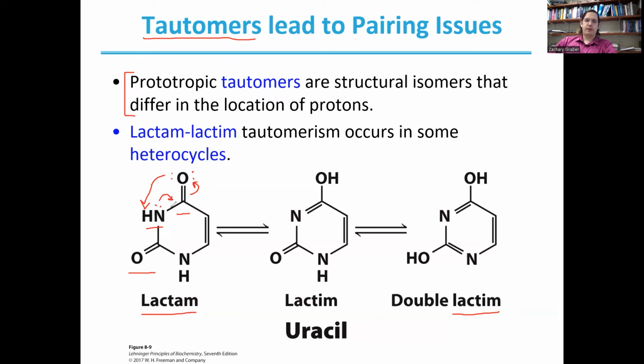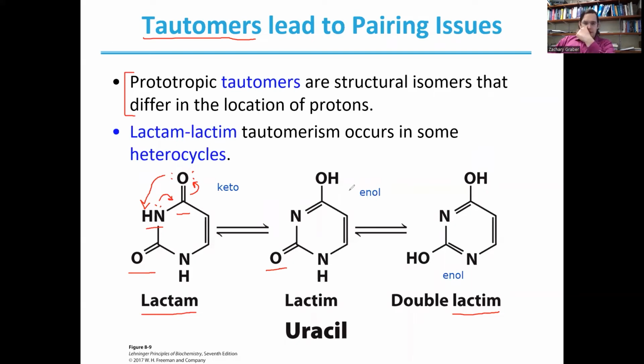So essentially our electrons are moving like this, as I've shown with my arrows here, and we convert to now the enol form shown here in the middle. So we have our keto form and our enol form. We could then repeat this as well on the lower half, right? So convert our ketone here to a second enol, which makes our double lactim form. So now both of our ketones are converted to our enols here.